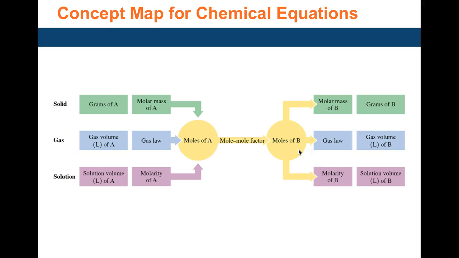If you want the answer in liters of B, then you divide by the molarity, and that will give you your answer in liters of B. So there are so many ways to apply all that you have learned previously to what you're learning here in solutions.